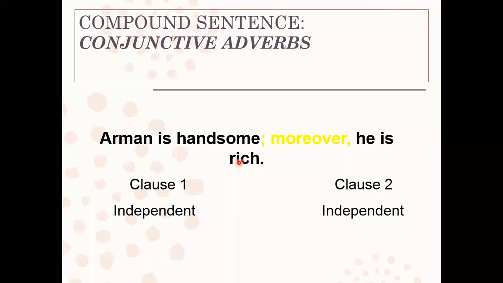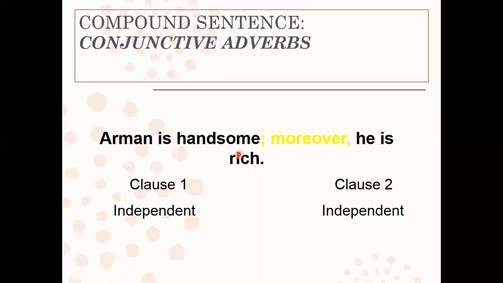So in this sentence, whenever you are using conjunctive adverbs to make a compound sentence, you have to use a semicolon like that. Arman is handsome, there is a semicolon. Moreover, there is a comma. He is rich. So whenever you are making a compound sentence with conjunctive adverbs, you have to use the conjunctive adverb, a semicolon, and a comma.